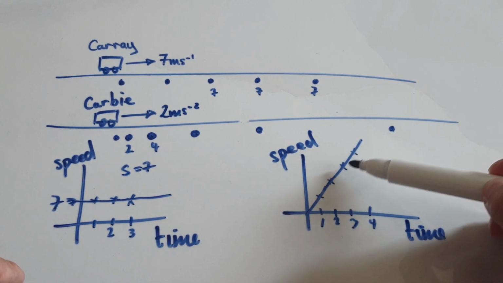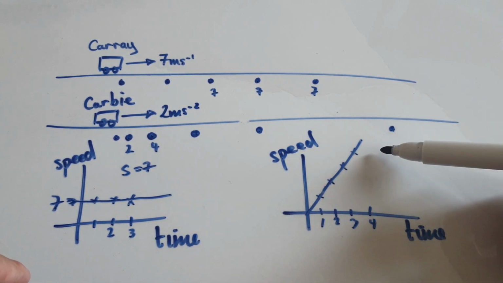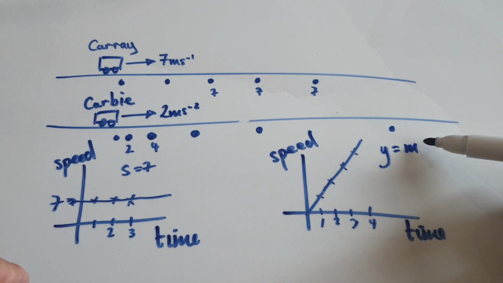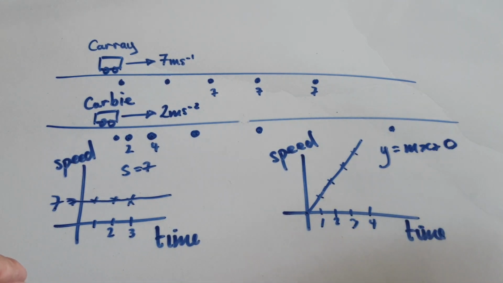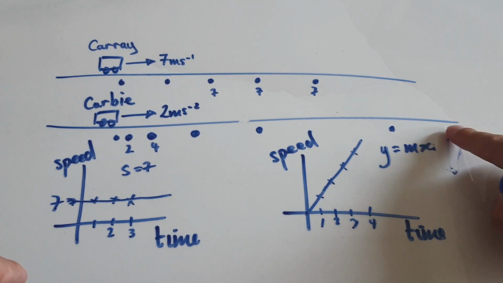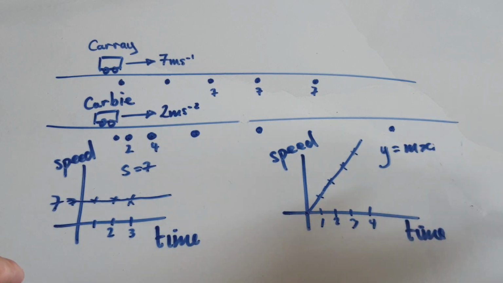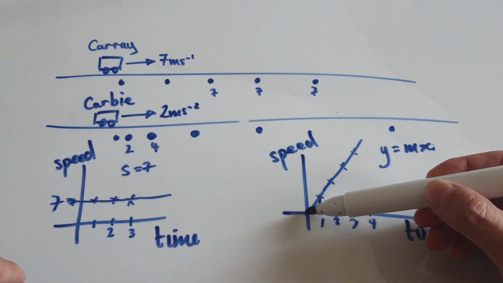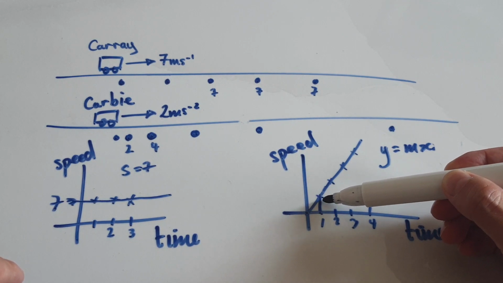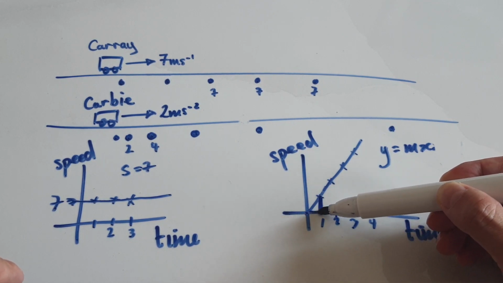Well, what's the equation of this line? Any straight line would be y equals mx plus c. We can see that the intercept is 0. So put 0 into the c. So that plus 0 means nothing. You can just ignore it. What's the gradient of this line? Well, if you draw a triangle underneath that line, you can work out the gradient. The gradient would be the height divided by the across.